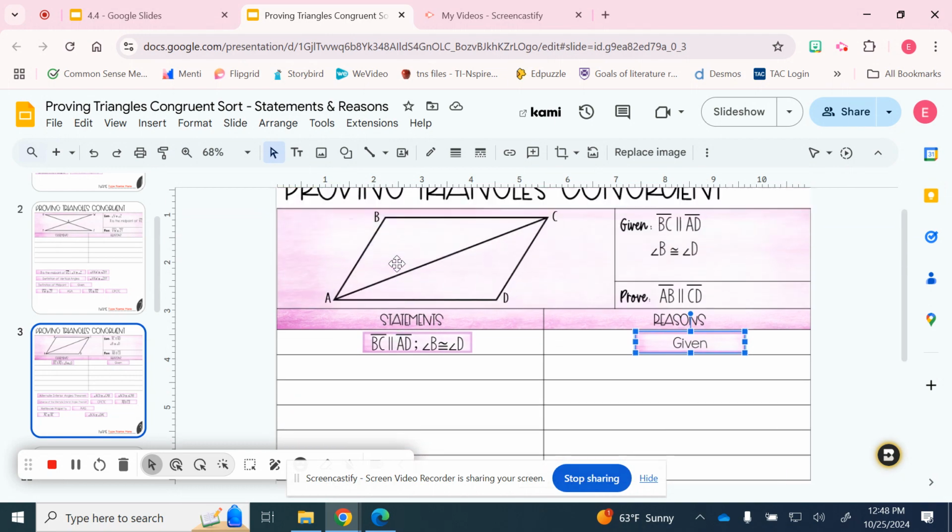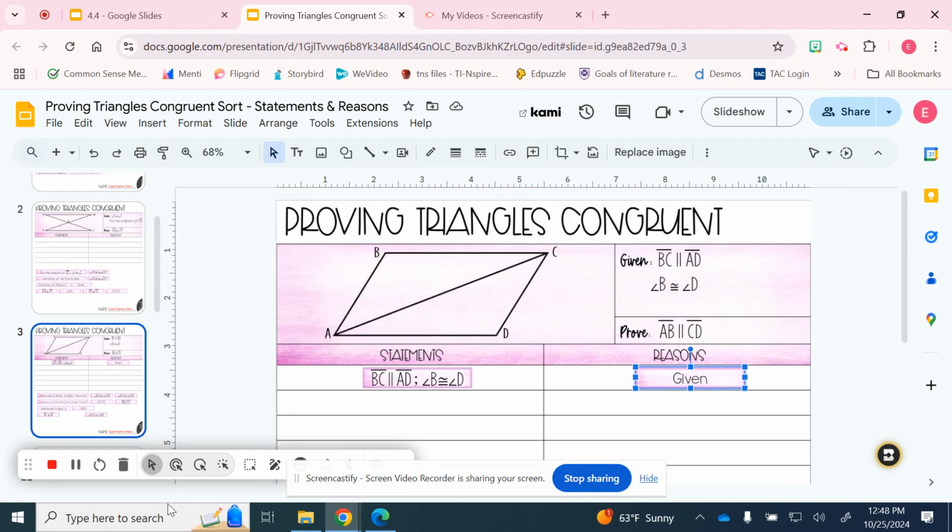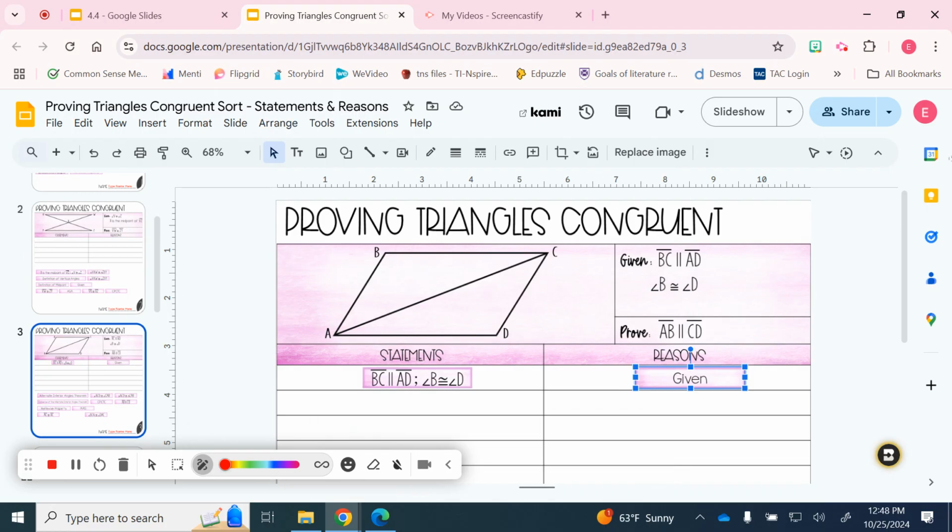All right, so now I know that BC is parallel to AD. What I am going to do is I'm going to mark that. All right, I'm marking those two parallel to each other, and I'm marking these two as congruent.